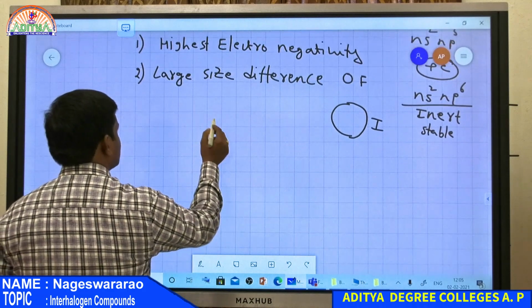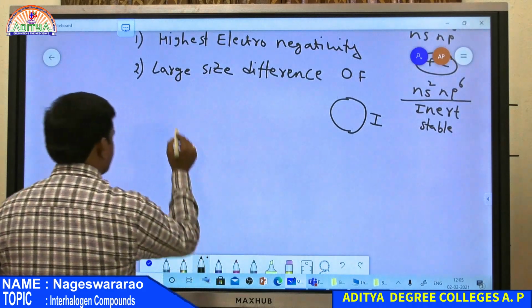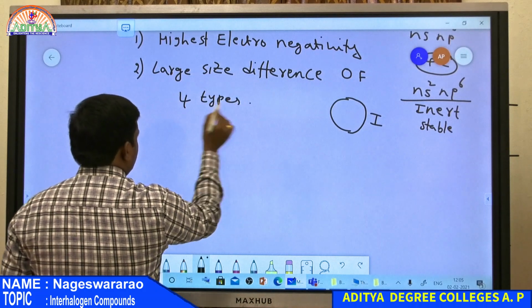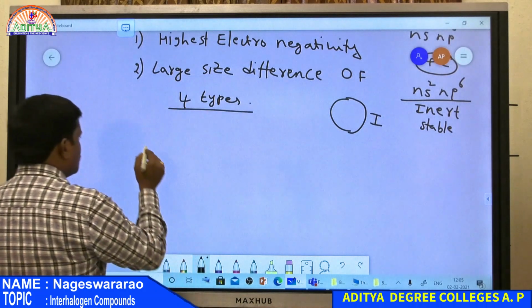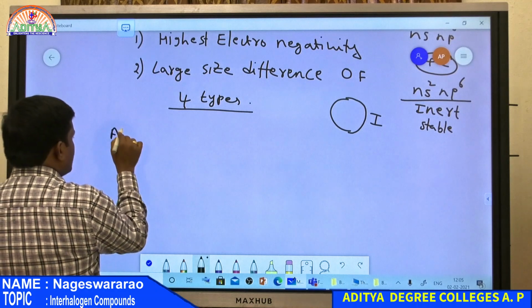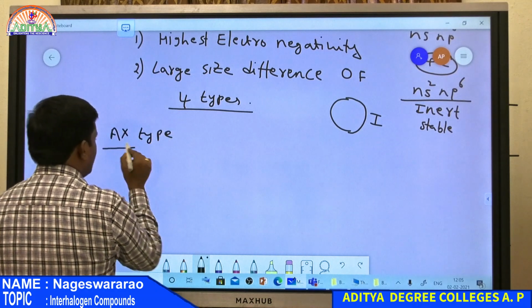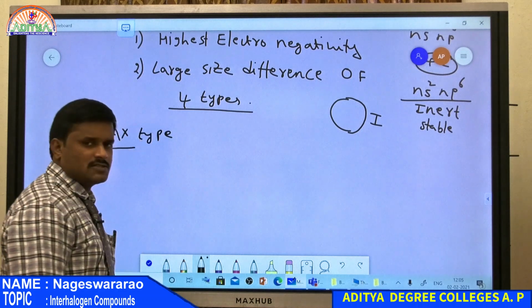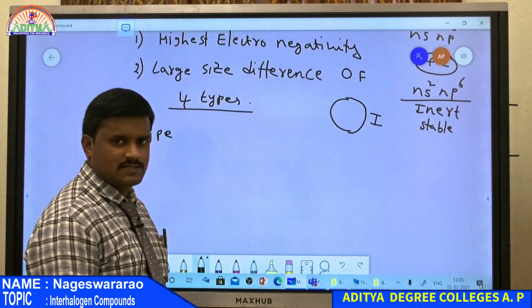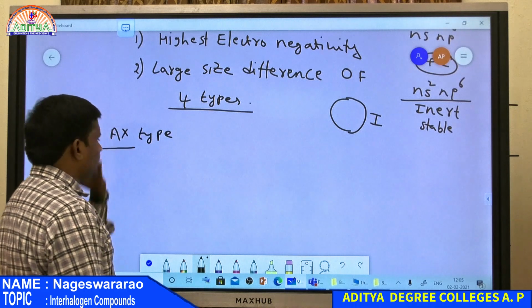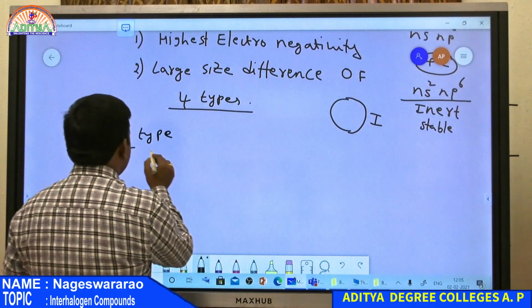These are further classified into 4 types. The first one is AX type. In an AX type interhalogen, A is a halogen bonded with another halogen X. If there are only two halogens, one halogen with another halogen, then it is AX type.